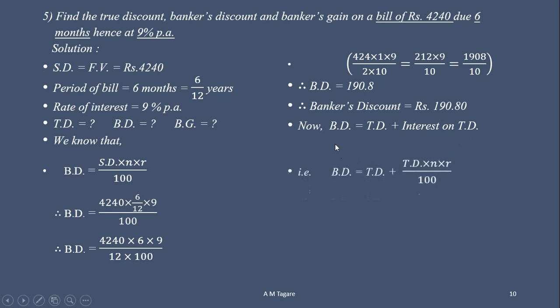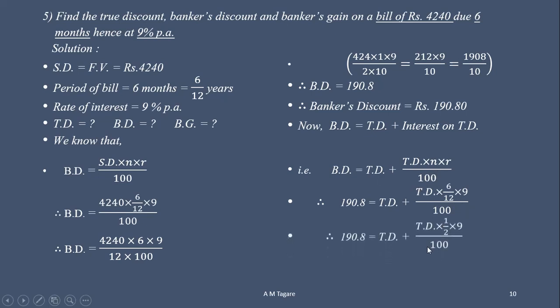So we use this formula, banker's discount is equal to TD plus interest on TD, is TD into N into R upon 100. We substitute banker's discount is equal to 190.8. We want to find TD, so we keep TD as it is. N is equal to 6 upon 12, R is 9 upon 100.